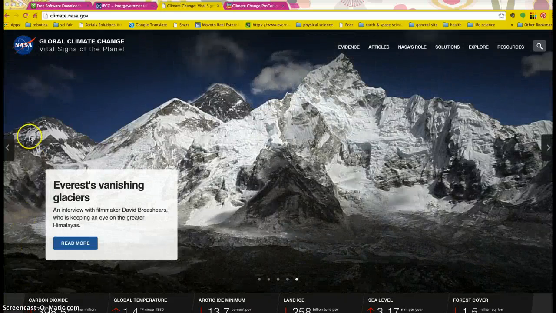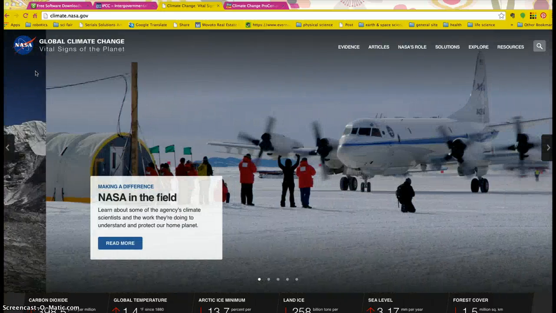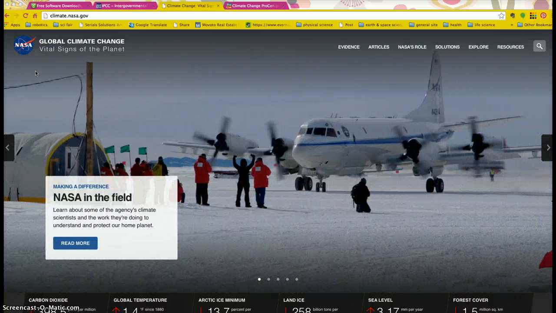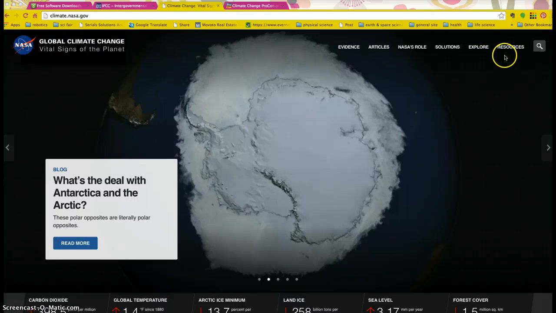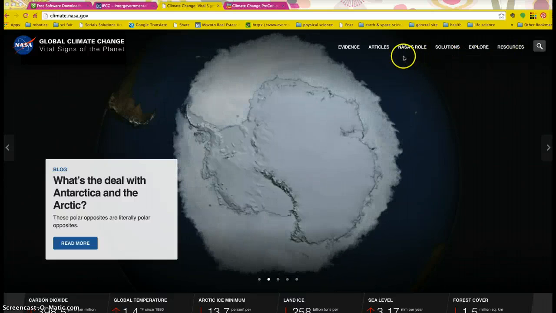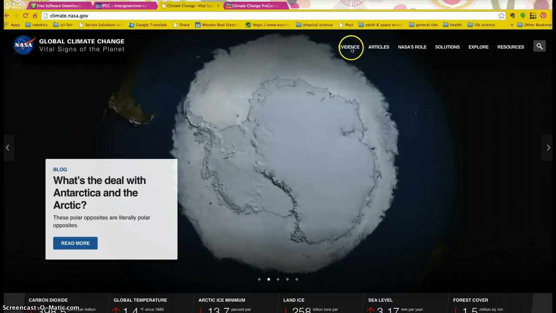So I clicked on the NASA website, and assuming that it is an authentic NASA website, as soon as I looked it over, I perused the tabs here, and I would first probably click on the word evidence.